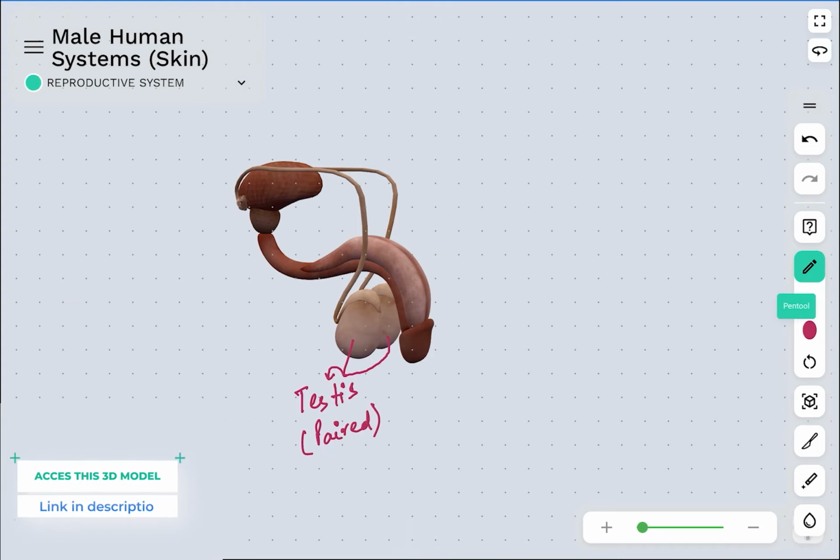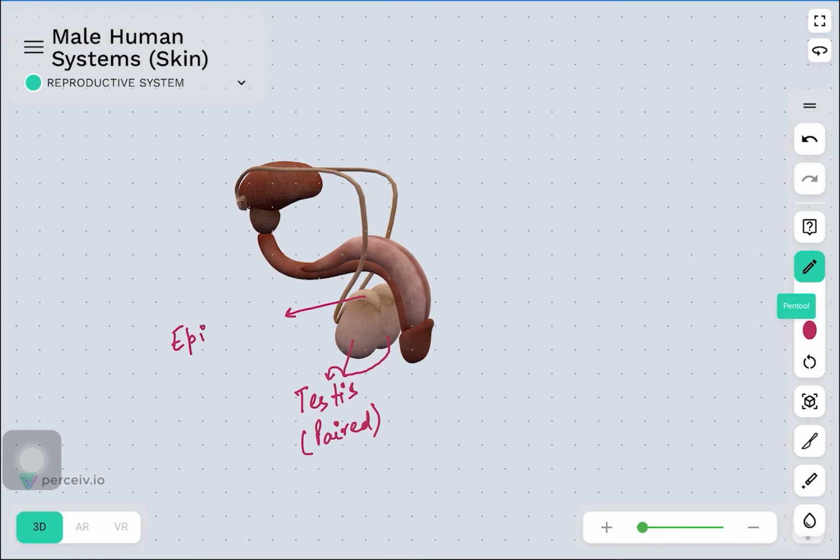Then this represents the epididymis, which is one of the components of the accessory duct. This is the penis part. This one is the glans penis, which is the enlarged portion of the penis.